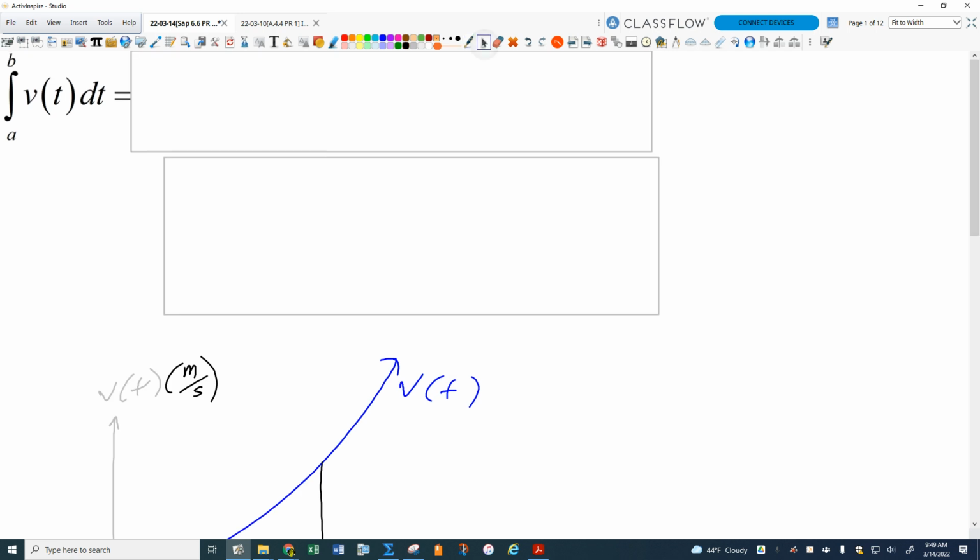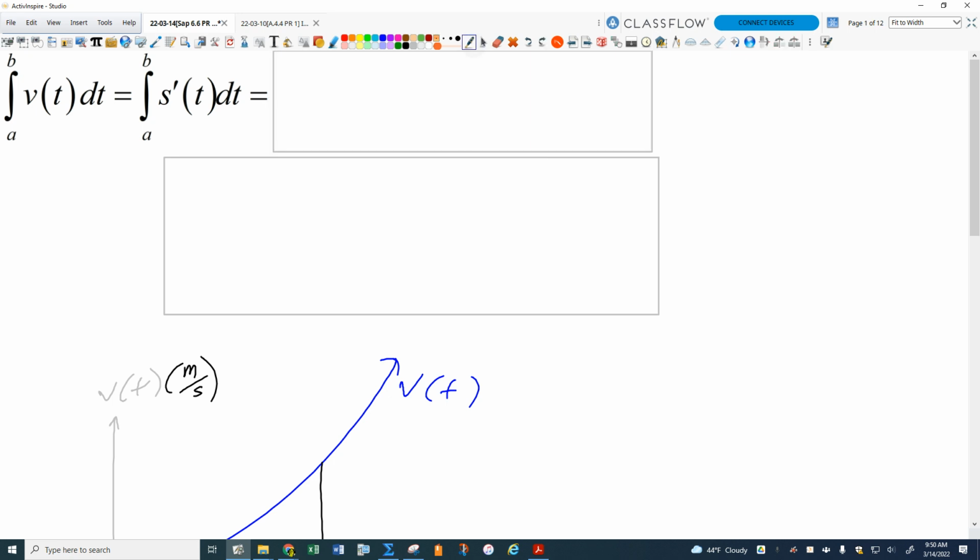This is pretty easy to see, and we can see it maybe a different way that is even a little better. What if we redefine velocity as the derivative of position with respect to t? Well, integration and differentiation undo each other, right? They're inverse processes.